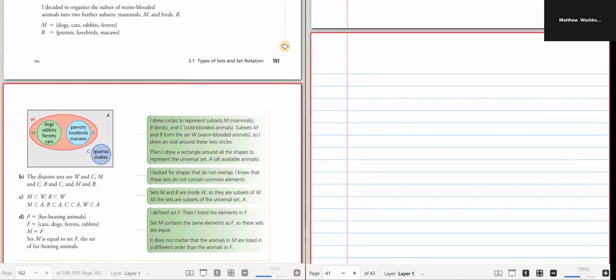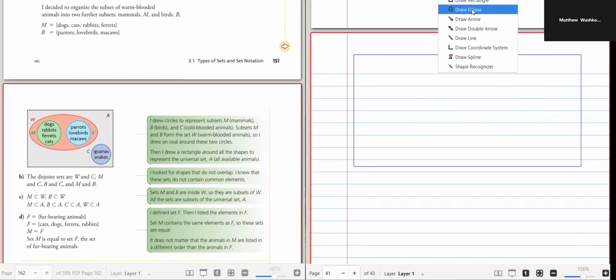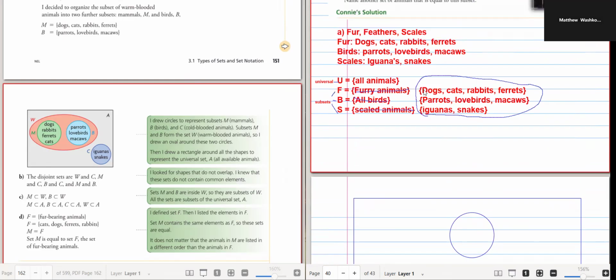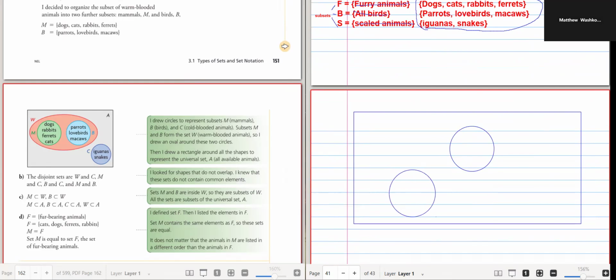Now, for us, a big old rectangle, do your circles. For us, there's no overlap whatsoever between these three. Nothing here has scales and feathers and fur or whatever. So all three are separated, right?